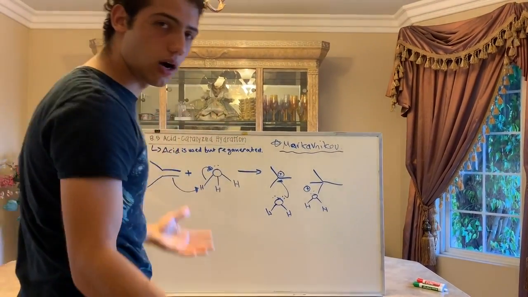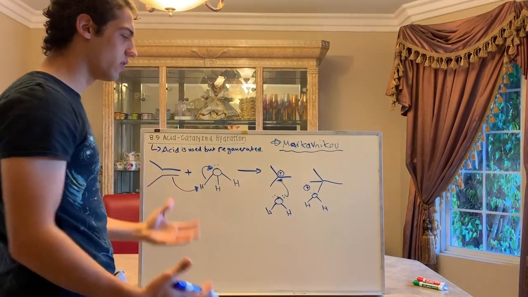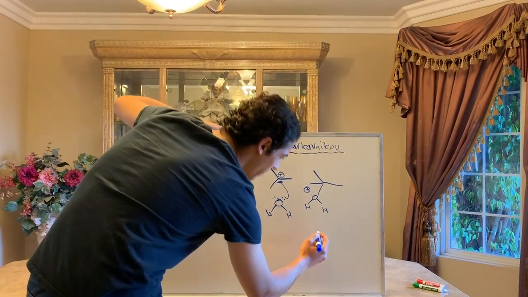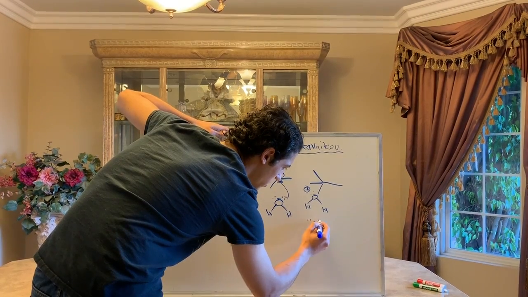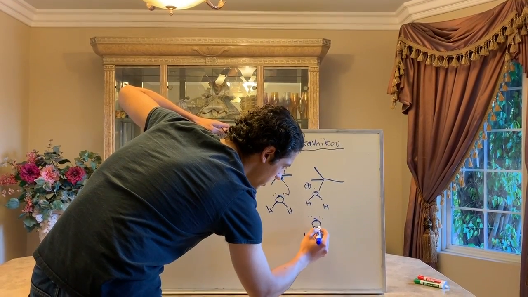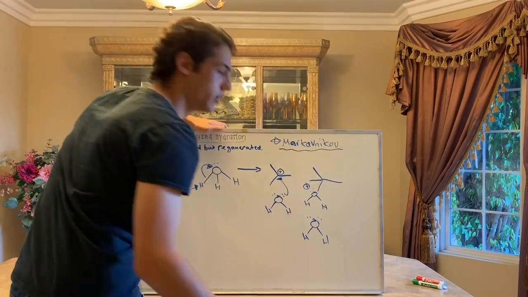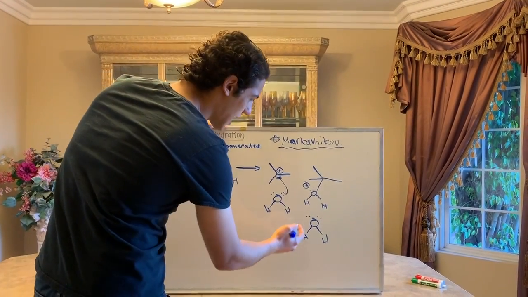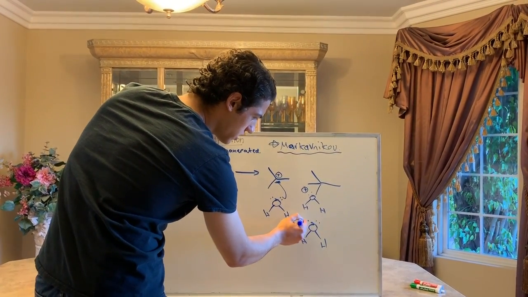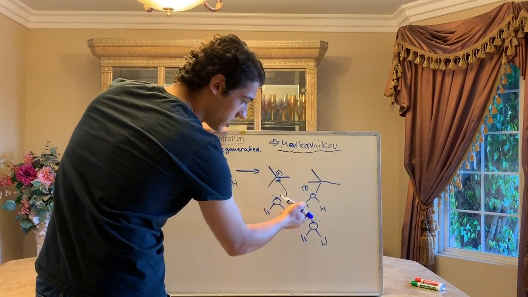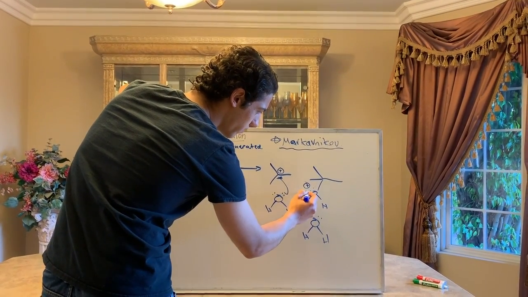Remember, I'm in a medium full of water. Water is in excess. I have water molecules still floating around, wondering what their job is. So what's going to happen is this lone pair of electrons is going to come and extract this hydrogen away from this water.